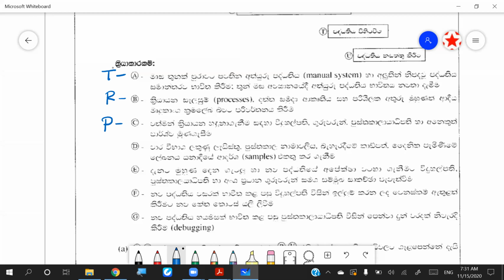And D, it says collecting samples of term test mark sheets, library catalogs, lending cards, daily attendance sheets. So we are collecting samples from those documents. Why we are collecting samples from those documents is to get an idea how the system is going to work. So this is again a part of identification of the requirement.